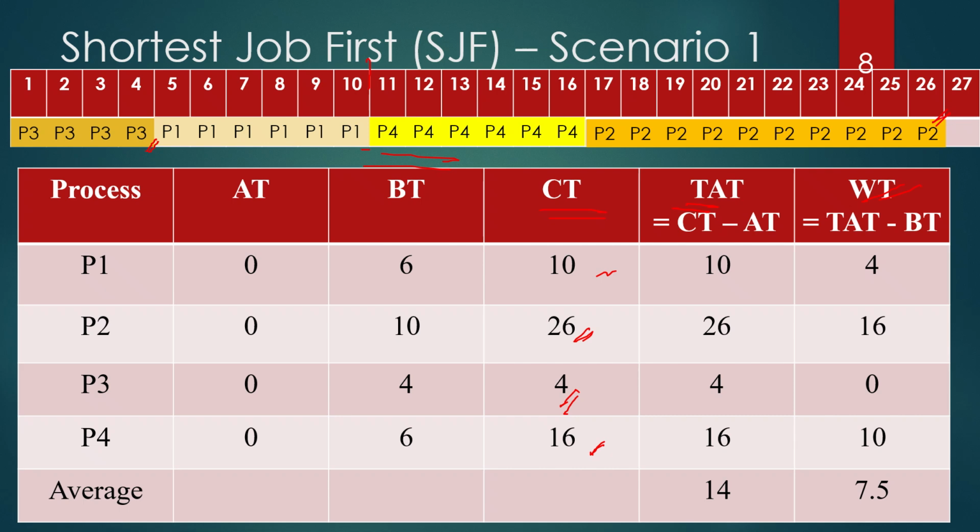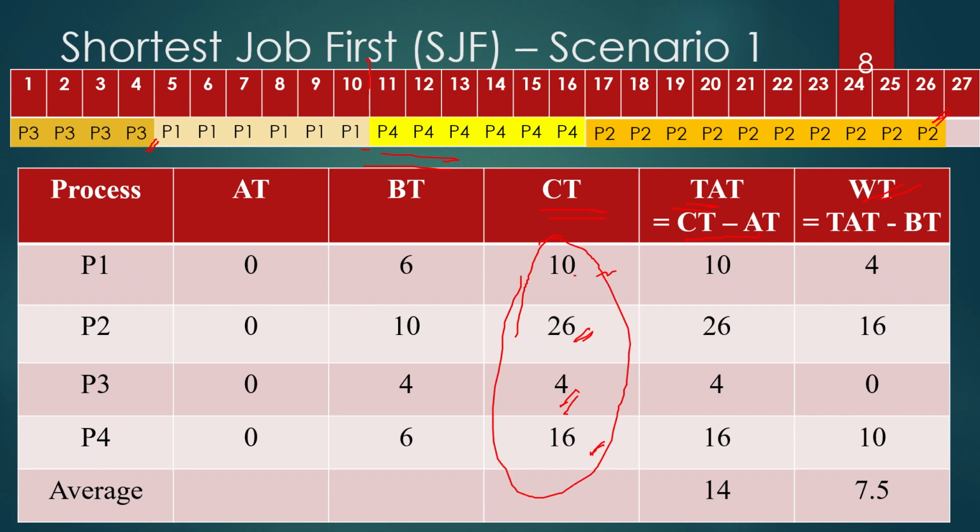Now to calculate the turnaround time, the formula is completion time minus arrival time. Completion time is 10, the arrival time is 0, so 10 minus 0 is 10. Since all the processes arrive at the same time, t equal to 0, the completion time itself comes as the turnaround time.